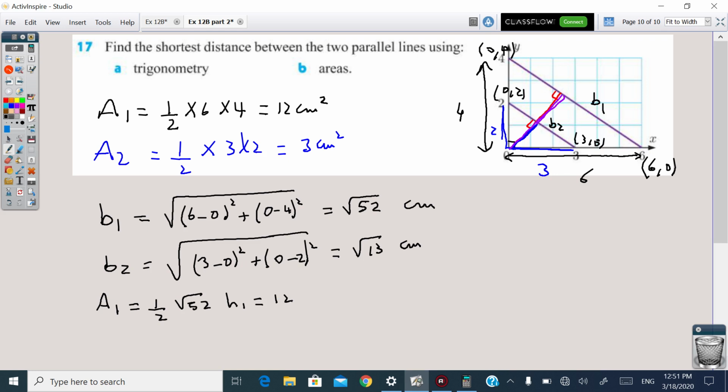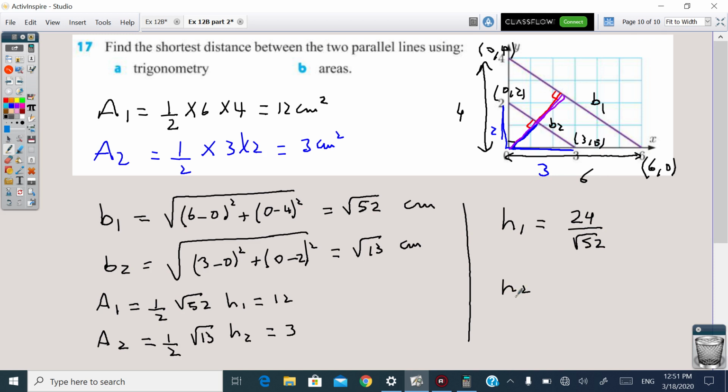And similarly, a2 is equal to half root 13 times h2, which is 3. Thus, you can calculate h1. By cross multiplication and dividing by root 52, h1 is equal to 24 divided by root 52, and h2 is equal to 6 divided by root 13.